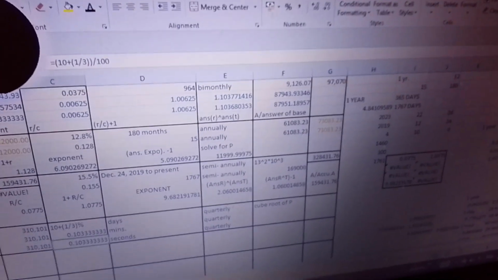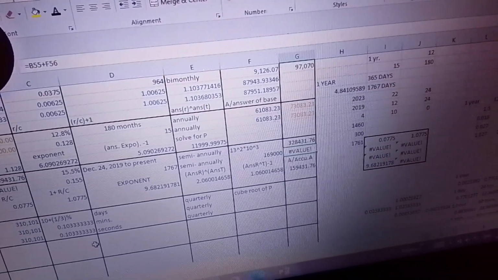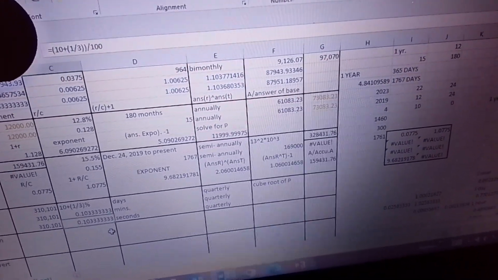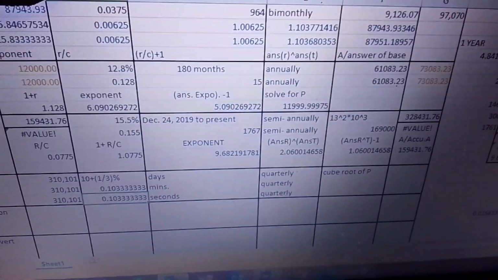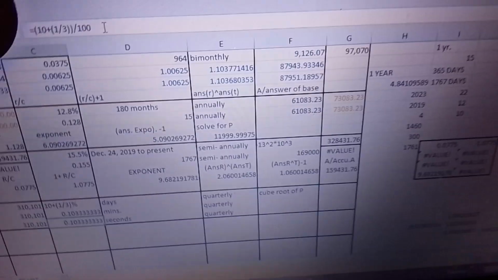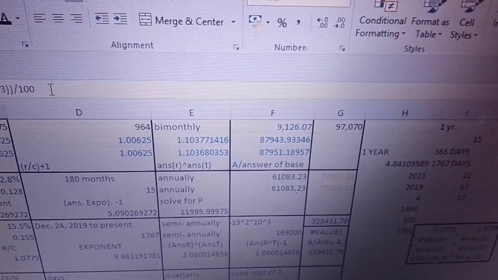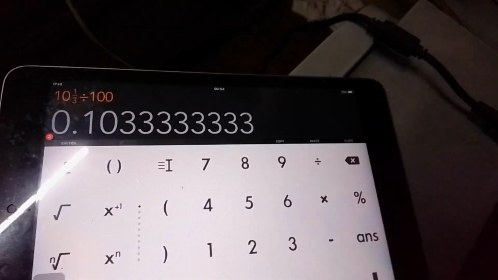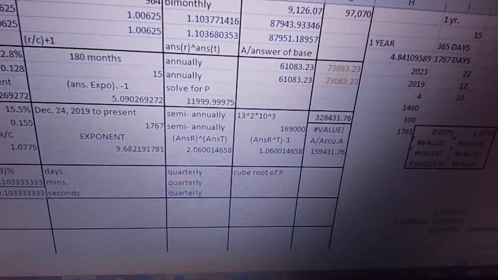We're gonna convert it to a decimal, and this is what we get. Remember, we have 10 and 1/3%. Ito yung calculator namin. Kapag yung 10 and 1/3, i-divide namin by 100, we should get 0.103333.